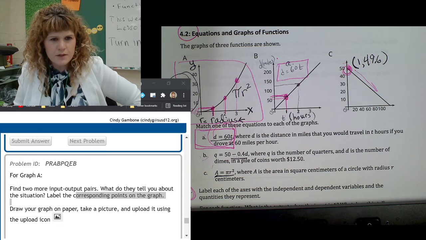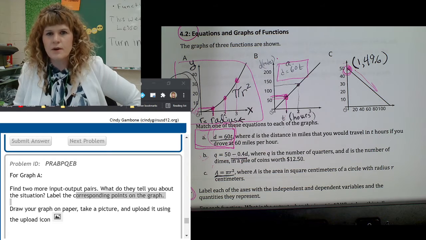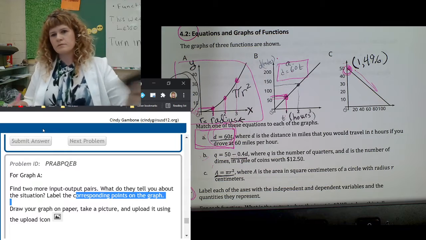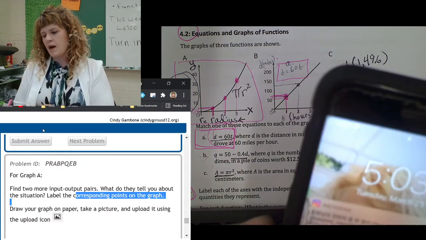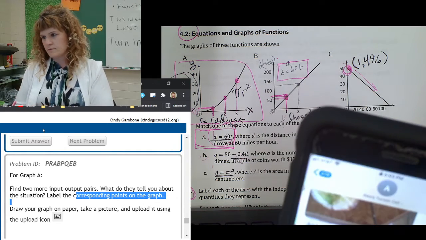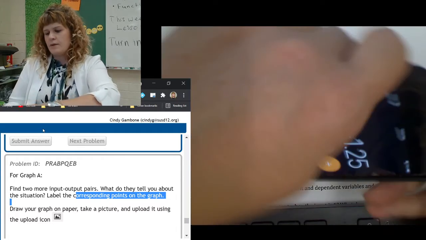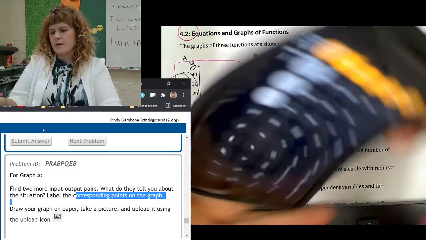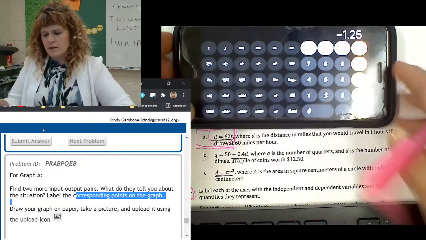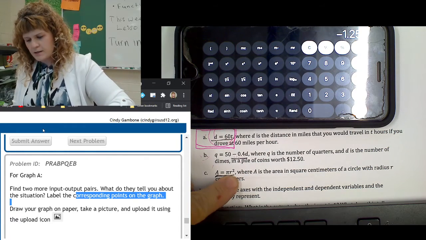I'll get mine. It doesn't show on the video, so let me just get my cell phone. Okay, if the radius of the circle is 2, and remember, if you turn your iPhone sideways, it converts to a scientific calculator. So if the radius of the circle is 2, then pi times 2 squared.